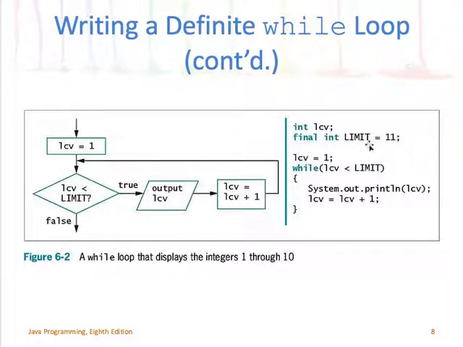As you see here, you declare your values, and you have while LCV is less than limit, which is 11, output LCV, which is your number, and then LCV equals LCV plus 1. So that is just your iterator. Another way you could do it is LCV plus plus.